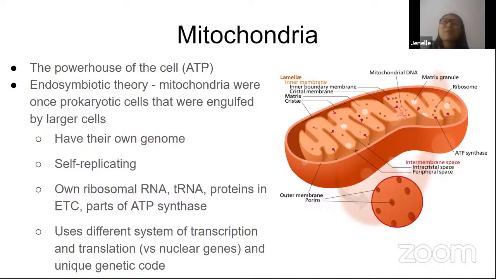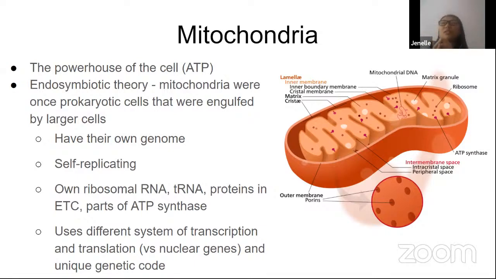This would probably be a topic gone into more in depth in a biochemistry unit, for the processes of glycolysis, the citric acid cycle, and the electron transport chain. But each of these processes happens in different areas within the mitochondria in order to produce the ATP.